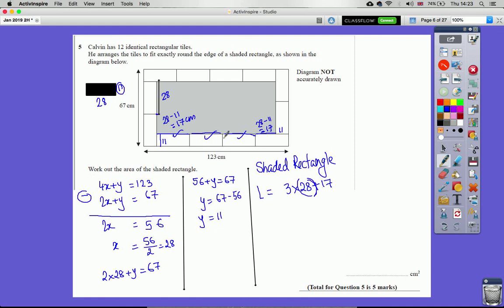Okay, 3 times 28 plus 17. Let me write it clearly. So I have got the length as 3 times 28 add 17.